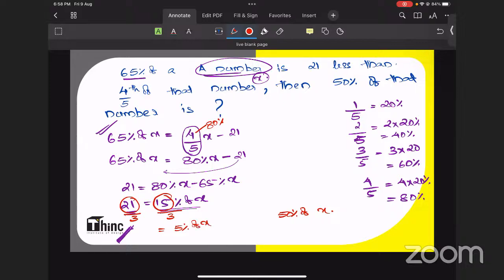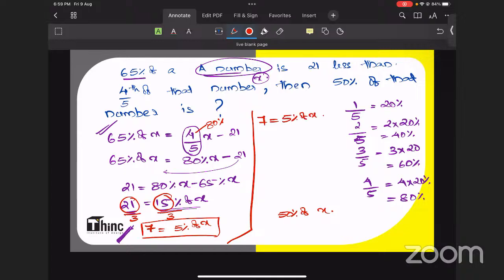This is what I mentioned, division of percentage. There are multiple operations possible with percentages. So 15% by 3 is 5%, and 21 by 3 is 7. So 5% of x is 7.